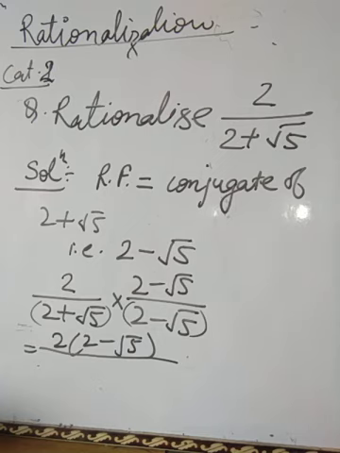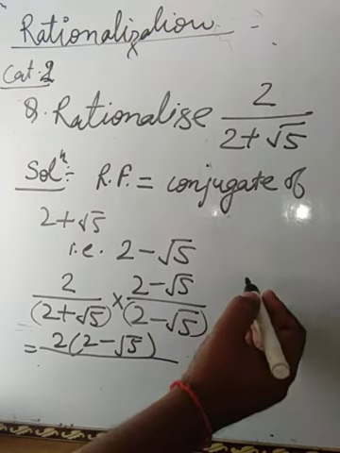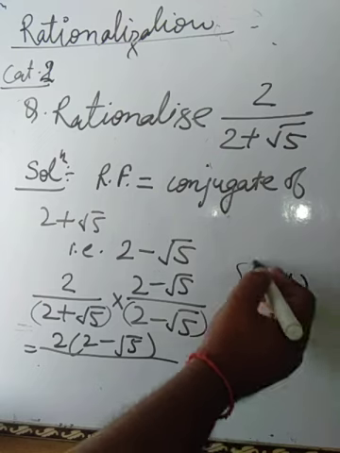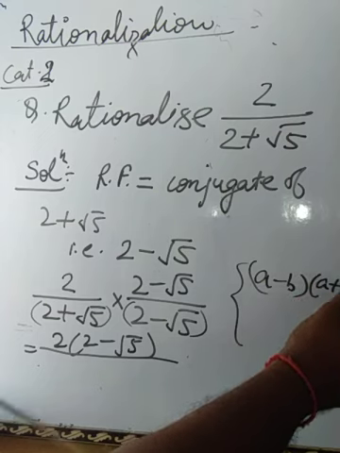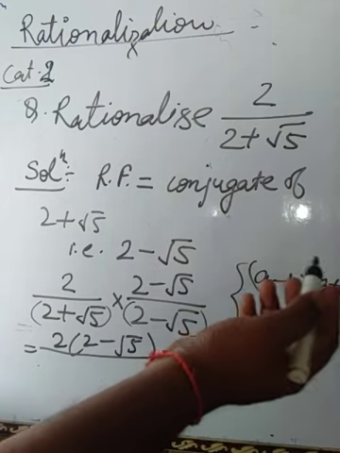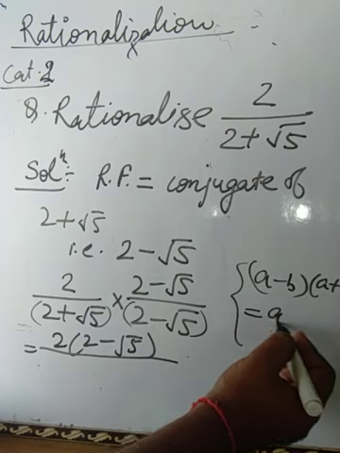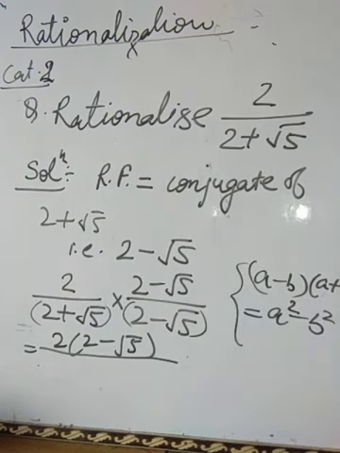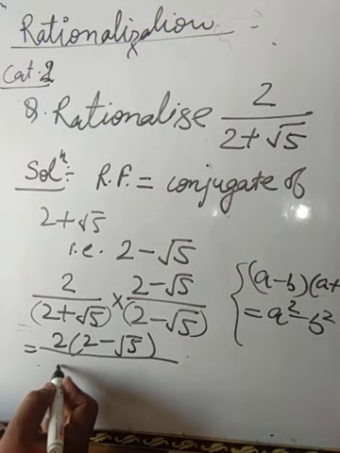It's an identity, and already we have done some questions on the basis of such identity, known as the difference formula. If you like, I can mention that this side: a minus b into a plus b, or a plus b into a minus b, equals a square minus b square.